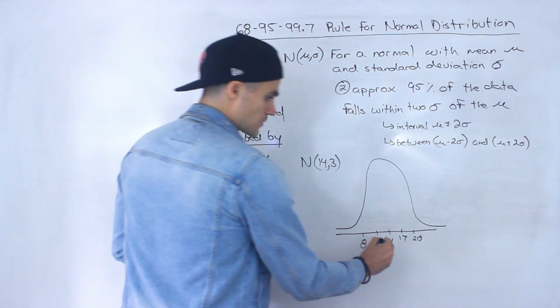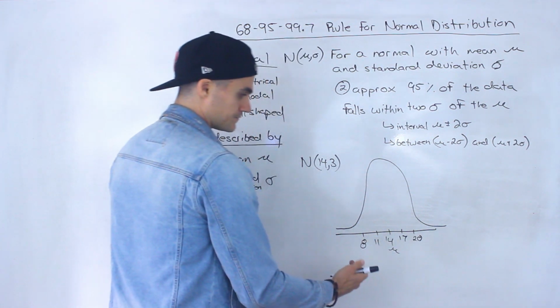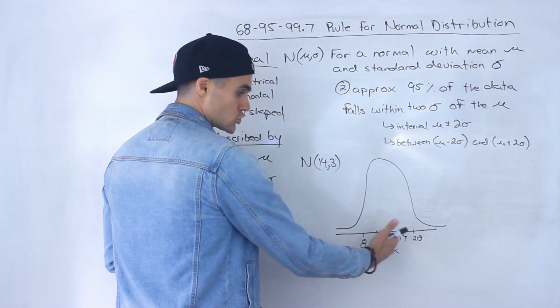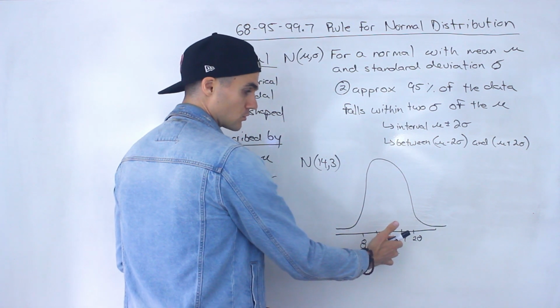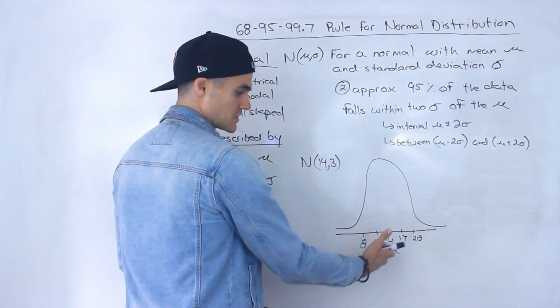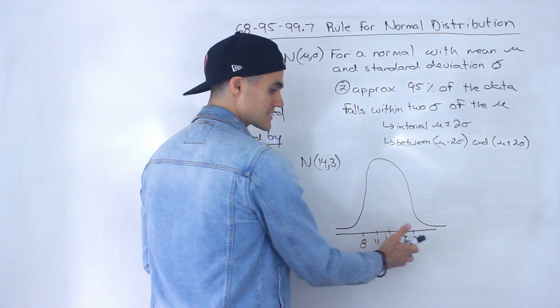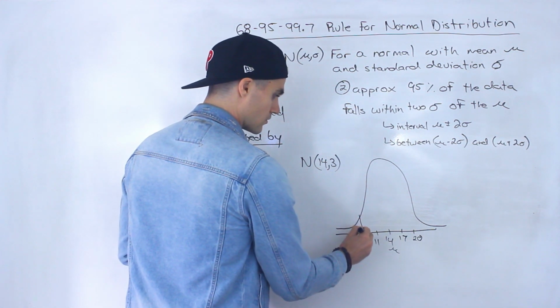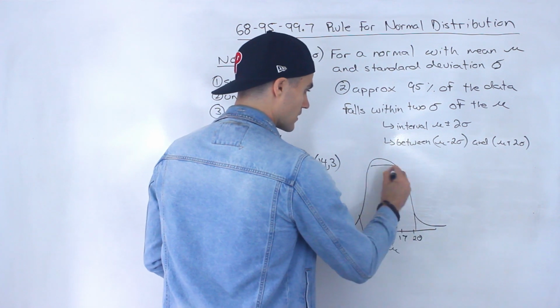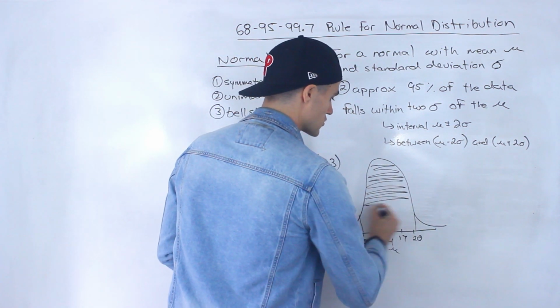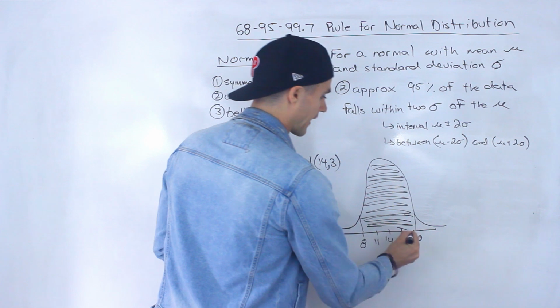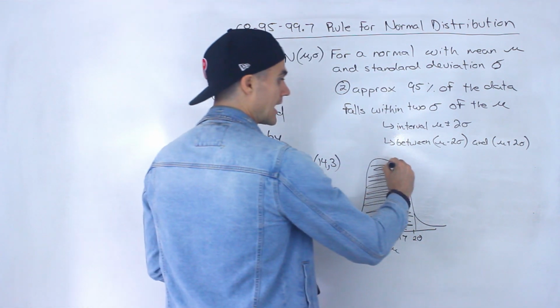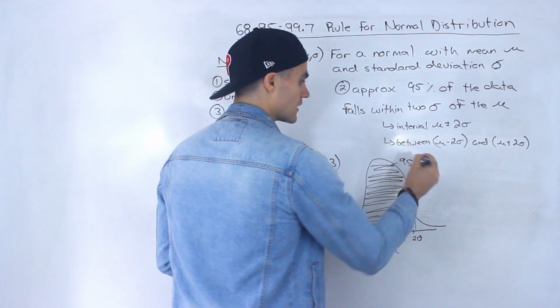Okay, so now notice we got the mean here of 14. And we subtracted 2 standard deviations. So 2 times 3 is 6, 14 minus 6 is 8, 14 plus 6 is 20. And so within this area here, all of this, so between 8 and 20, 95% of the data falls.